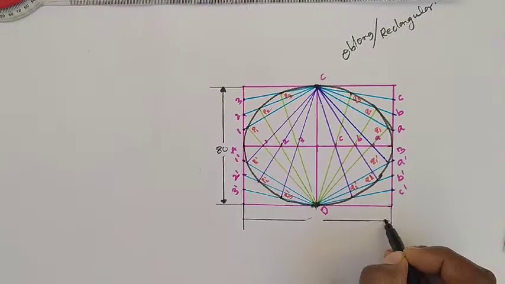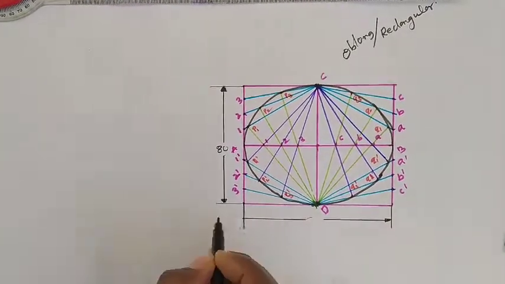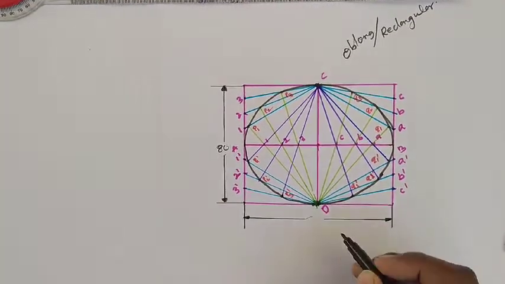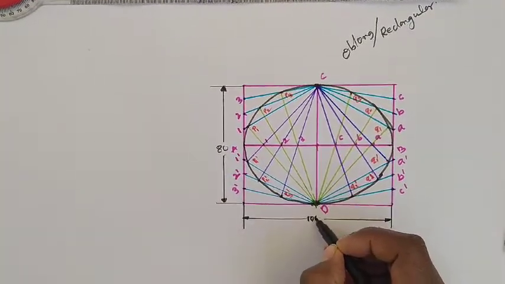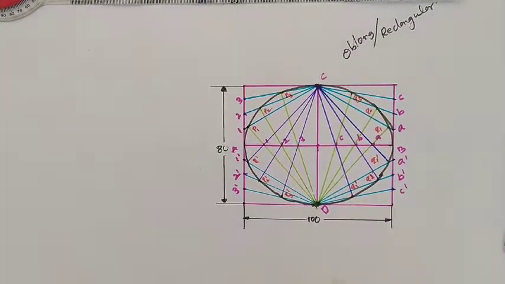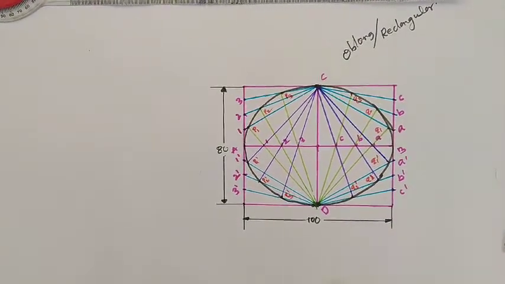Next, the length of the major axis is 100 mm. This is the procedure to construct an ellipse through the oblong method. Thank you.